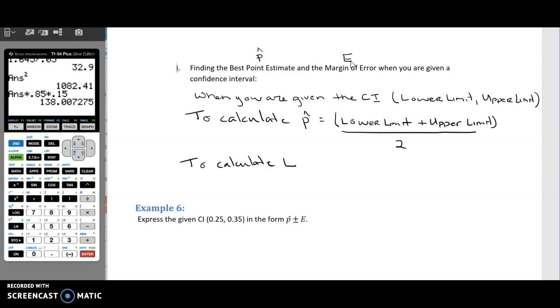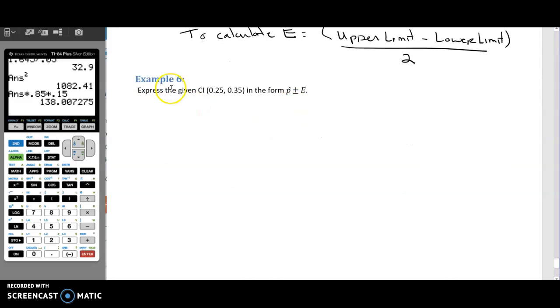To calculate e, you take the difference, the upper limit minus the lower limit, and divide by 2. Okay, so an example, example 6.